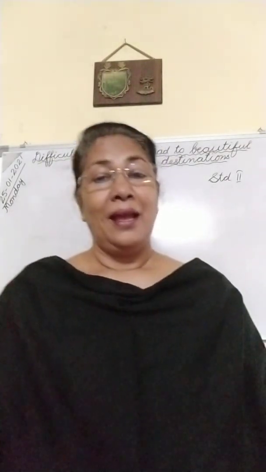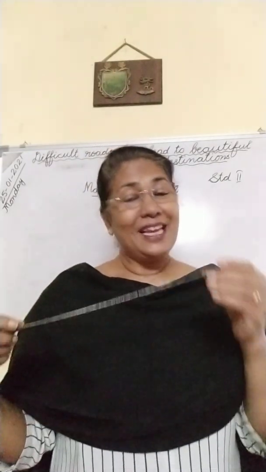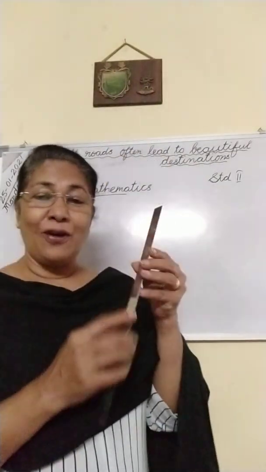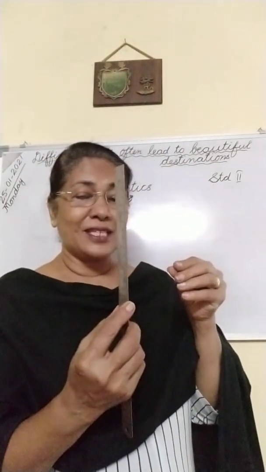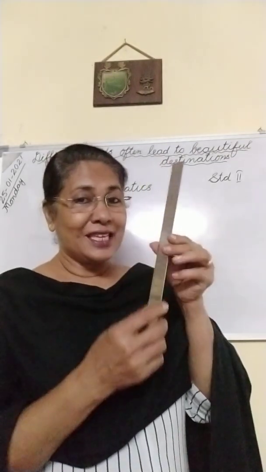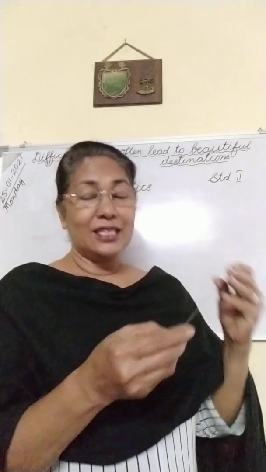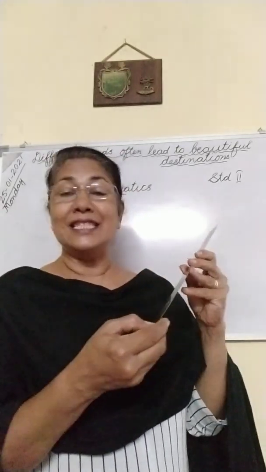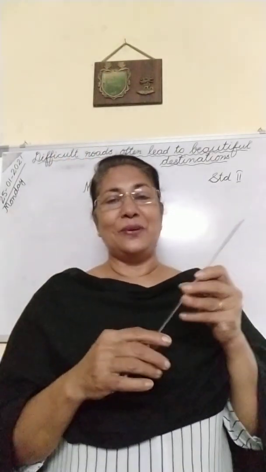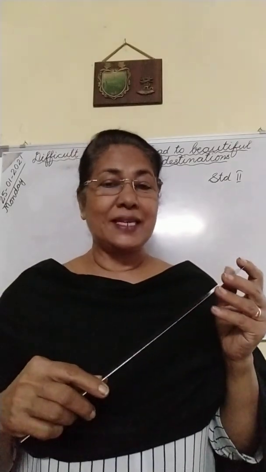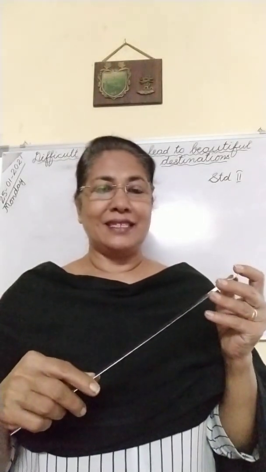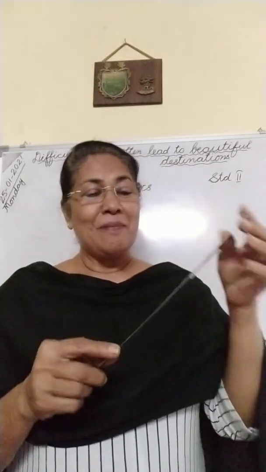Then small measurements you take. Like you want to draw a line of 5 centimeters. You take your scale, isn't it? You got a scale which is measuring. This is 12 centimeters, 30 inches. Okay. So the small scale, I think it is 20 centimeters. And you can measure your pencil.